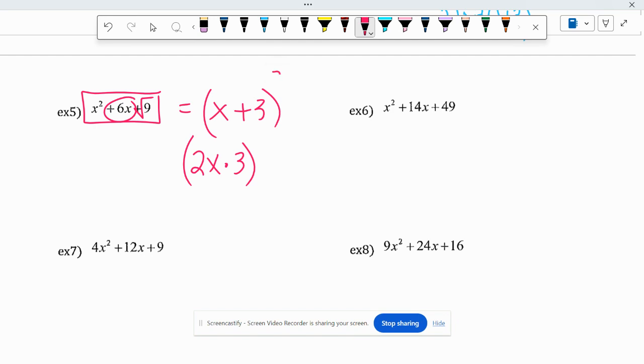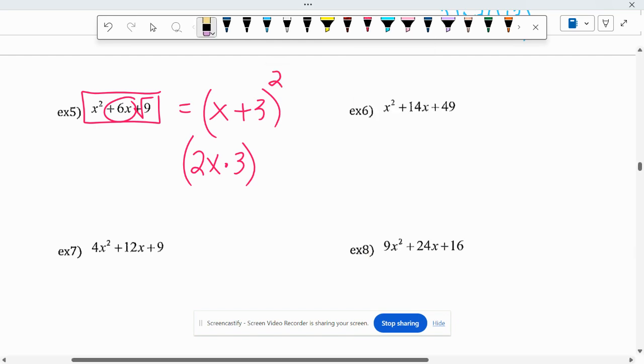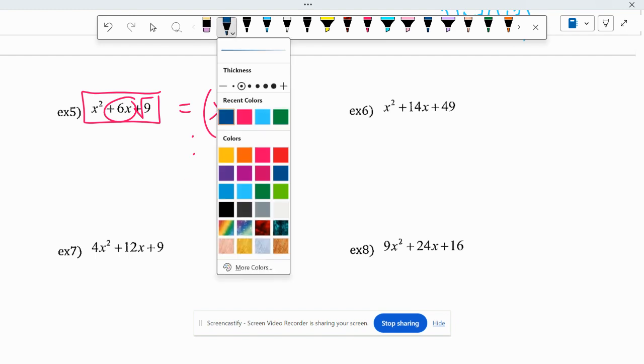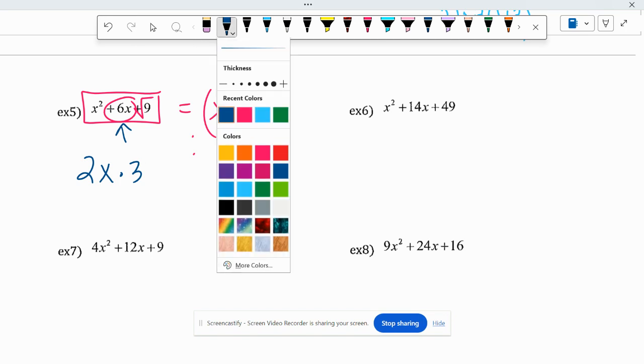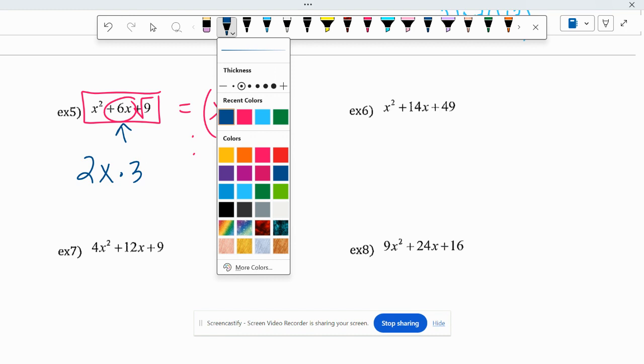That's how I know this is a perfect square trinomial, and I just square it. Remember, the middle term comes from taking 2 times the first term times the second term. 2 times x times 3 is 6x. That's how you recognize that pattern.